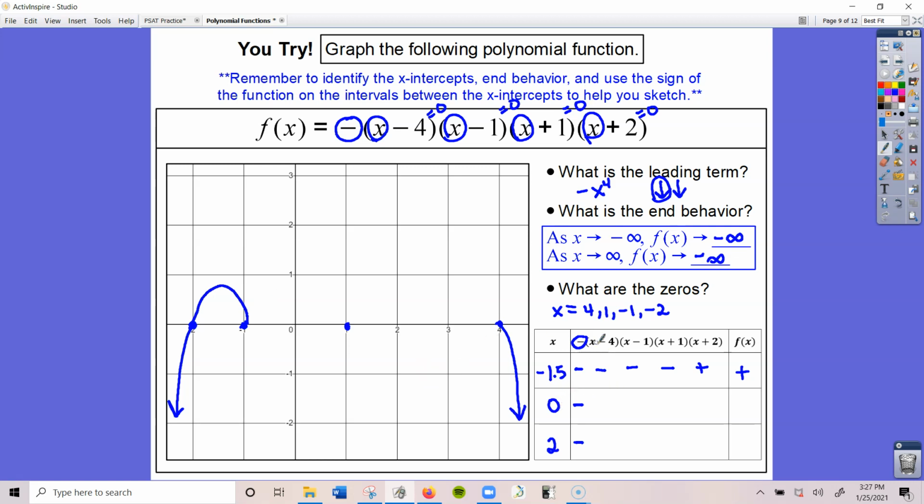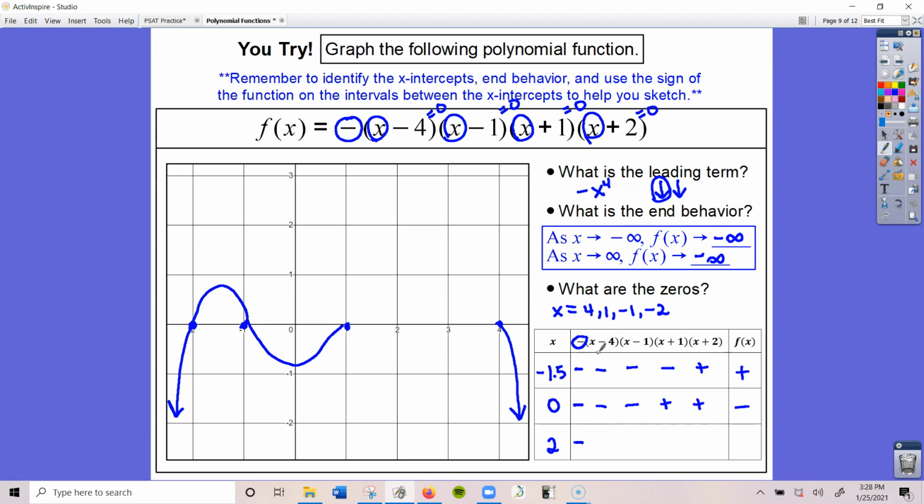Next, when I plug in 0, 0 minus 4, negative. 0 minus 1, negative. 0 plus 1, positive. And 0 plus 2 is positive. And if you multiply 3 negatives with 2 positives, you get a negative. So here it's going to go below the x-axis and connect.